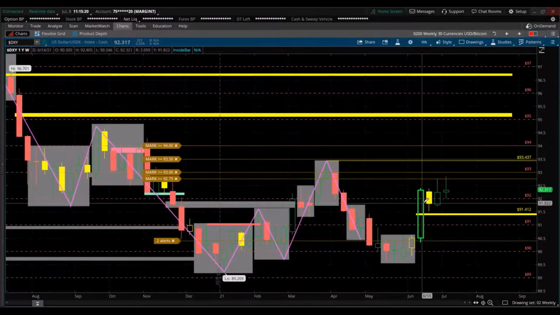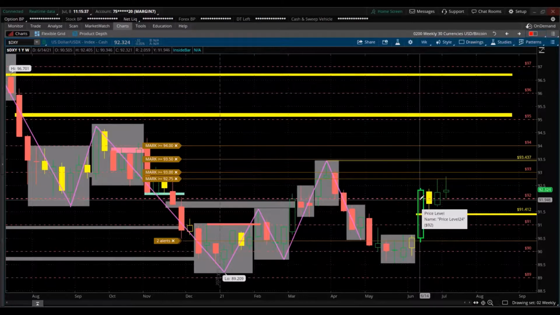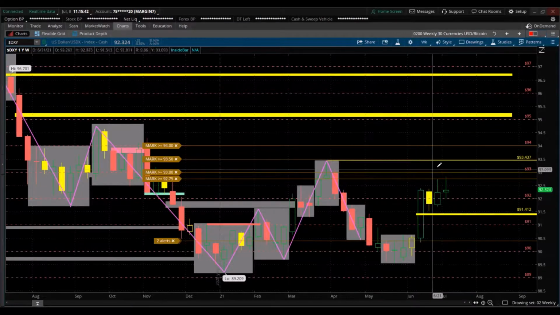The euro represents 57.6% of this index. The Japanese yen represents 13.6%. The British pound represents 11.9%. So those are the three largest currencies in the US dollar index, followed by the Canadian dollar, Swiss franc, and the Swedish krona.